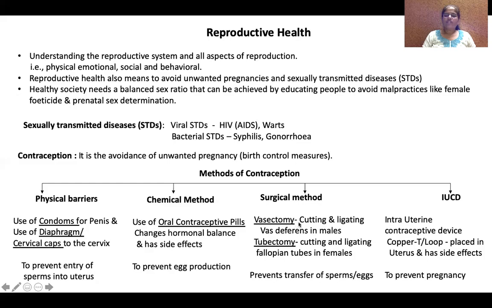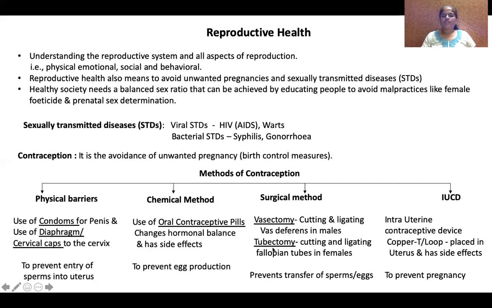Vasectomy means cutting the vas deferens on both sides. Both the vas deferens are cut and ligated. They cut and tie on either side, or seize and burn it. So that sperms will not be passed into the penis.